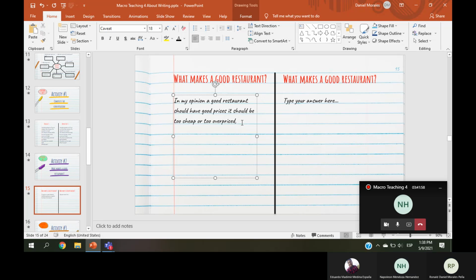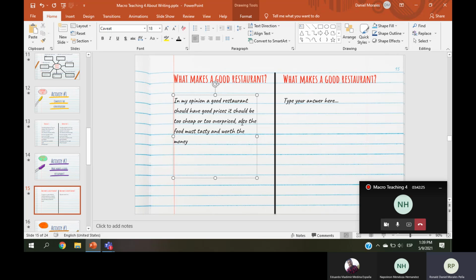Also, a good restaurant, the food must be tasty and worth the money, since there are places that have very expensive food, and the food is not worth it at all, and it doesn't taste good and tastes horrible.